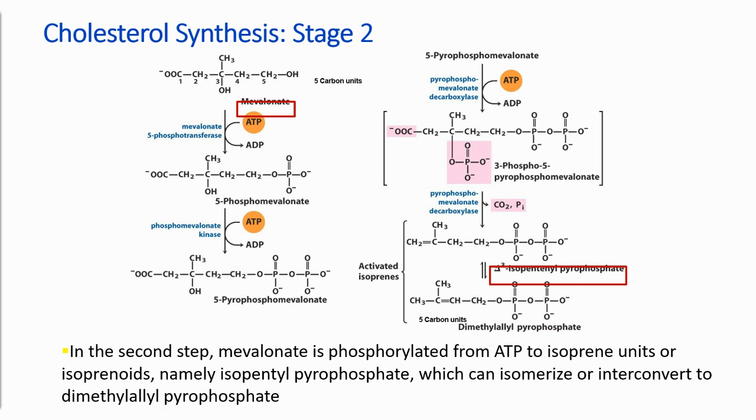So you have your mevalonate, phosphomevalonate, then 3-phospho-pyrophosmevalonate. Ano ba yan? And then, if you will notice, although nag-phosphorylate siya on the fifth carbon, yung mismong yon actually changes into a double bond, to form now your dimethyl allyl pyrophosphate.